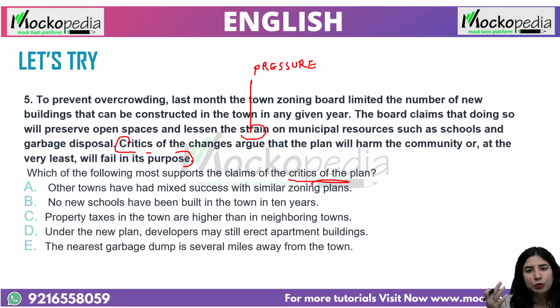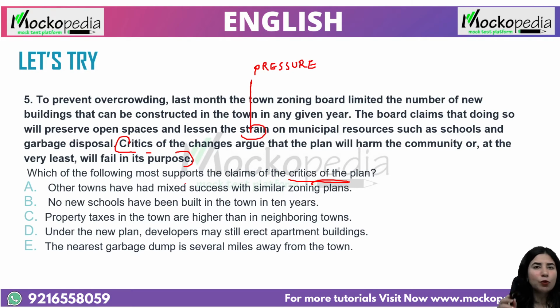Now the question could have been how the board's claim can be strengthened or reinforced or justified, but here they are wanting to support the claim of the critics. So what are the claims of the critics? That the plan will harm the community. So any answer choice which suggests that the harm will be done, or how the harm will be done, will actually function as the right answer. So see, this is very clear.